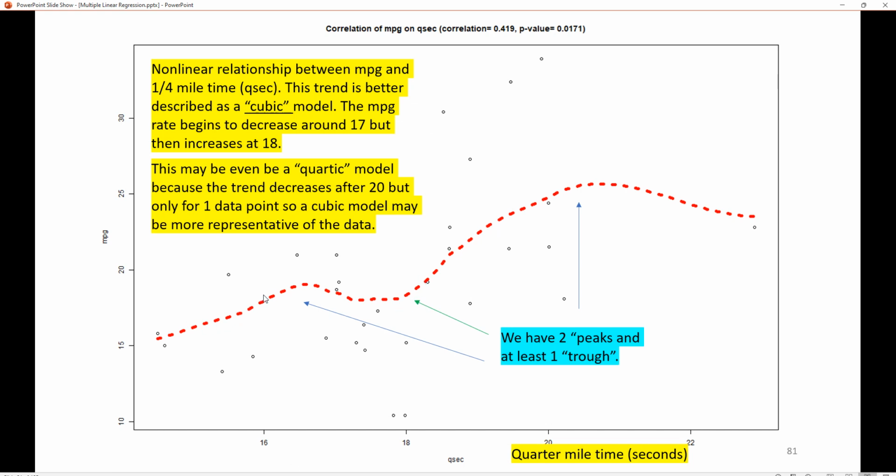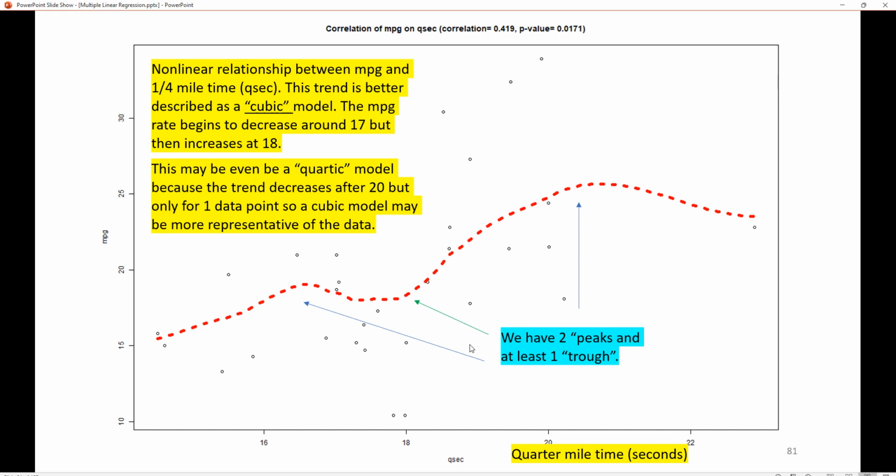So it comes up, then drops, then comes back up again, and then even begins to drop a little bit around the 21 mile point. So we may say that this may even be a quartic model because the trend decreases after 20, but only for one data point. So a cubic model is probably more representative of the data.